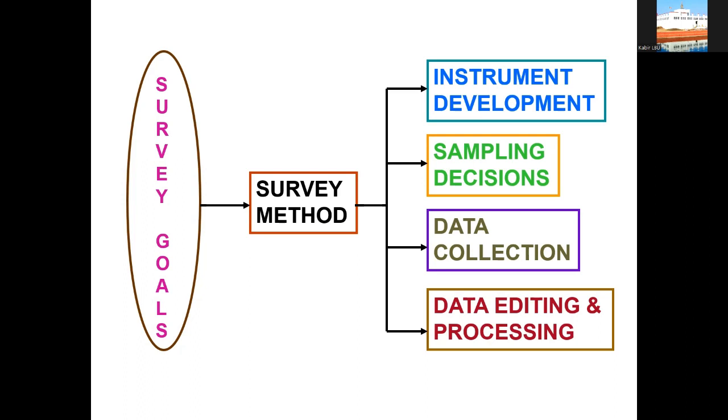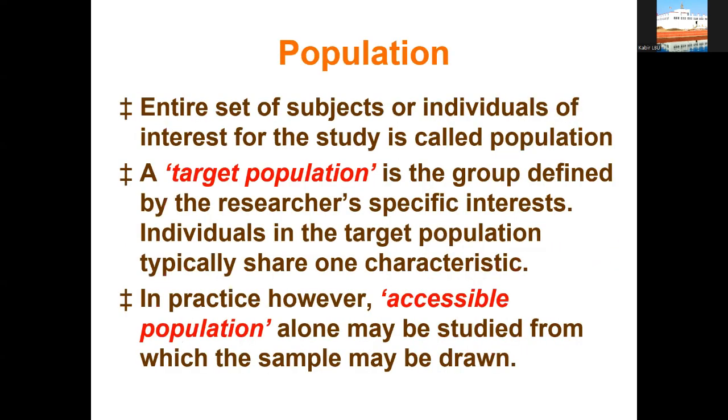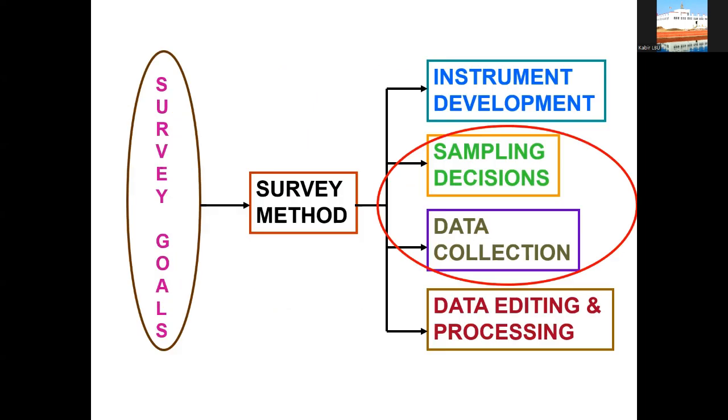So first of all, let us discuss what is the sampling method, what are the types of the sampling methods, how we can proceed for the sampling method. Here we are mainly concerned with the sampling decisions, that is the sampling method, as well as collecting the research materials based upon that.